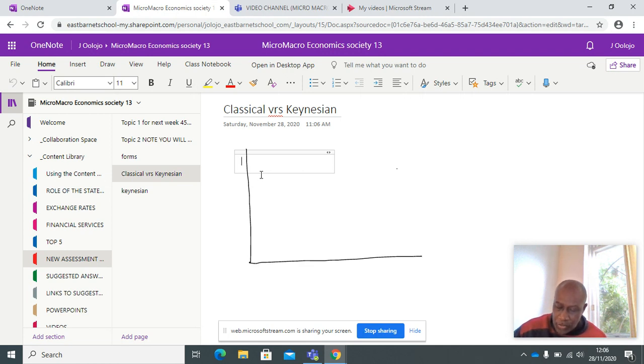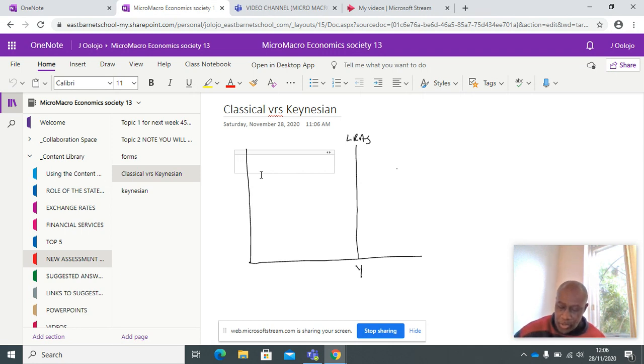As you know, in the classical diagram, and both of them actually agree, classical and Keynesian both agree that there is a maximum capacity for economies. So the LRS: there is a point when the economy can't keep producing sustainably, and that's when you have a vertical line, which shows in Keynesian as well.